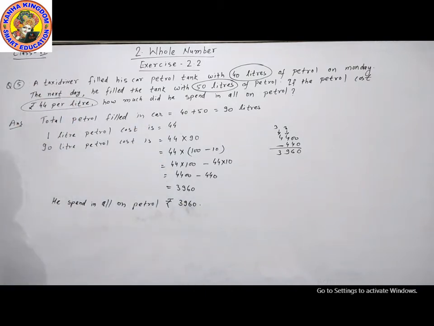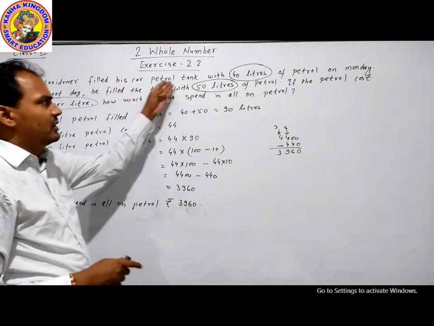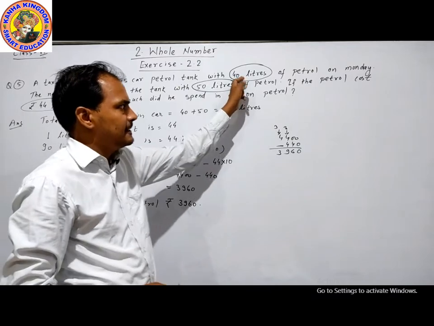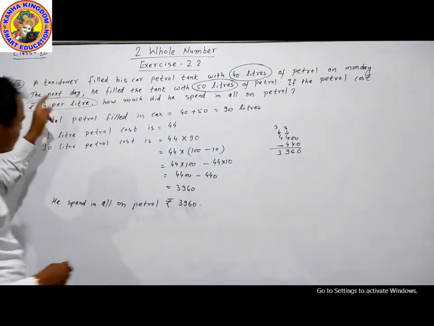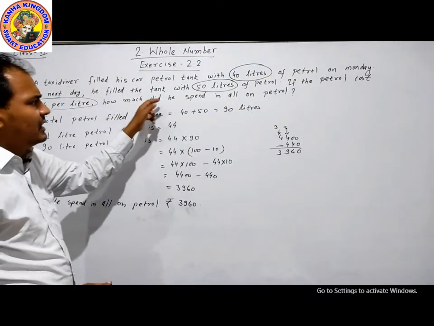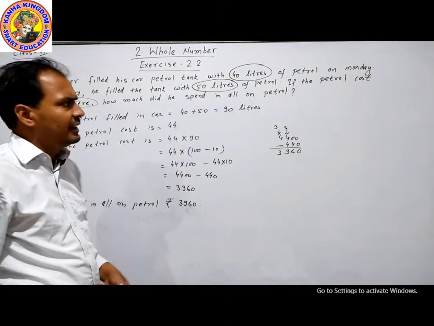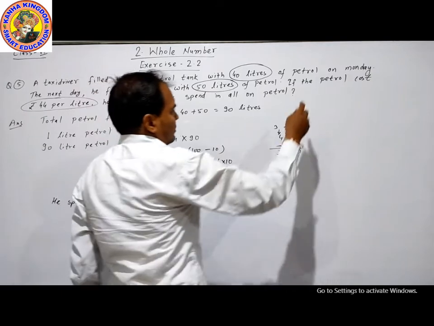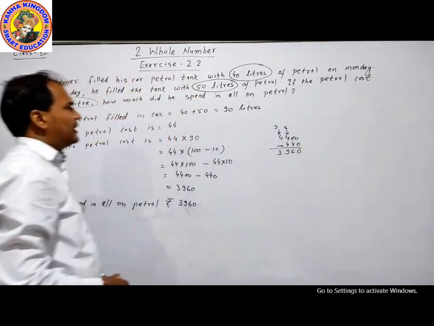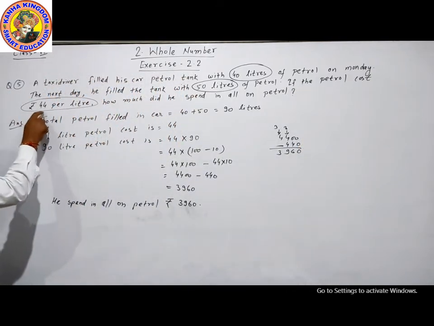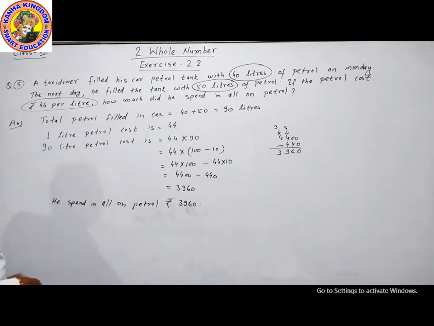So let's begin again from the question. A taxi driver filled his car petrol tank with 40 liters of petrol on Monday. The next day he filled the car tank with 50 liters of petrol. If the petrol cost rupees 44 per liter, how much did he spend on the petrol?